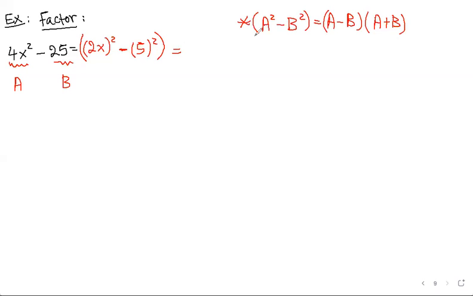Applying this formula, the first term 2x minus the second term 5, times first term 2x plus the second term 5. Yes, exactly, Angel. 2x plus 5, 2x minus 5. Perfect.